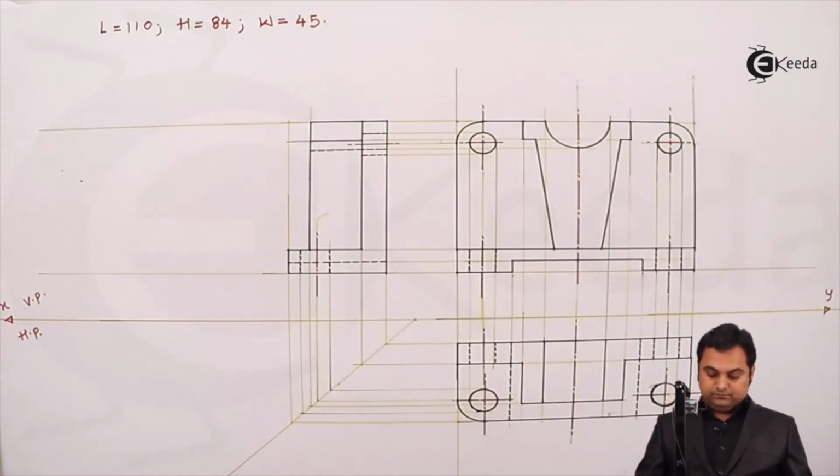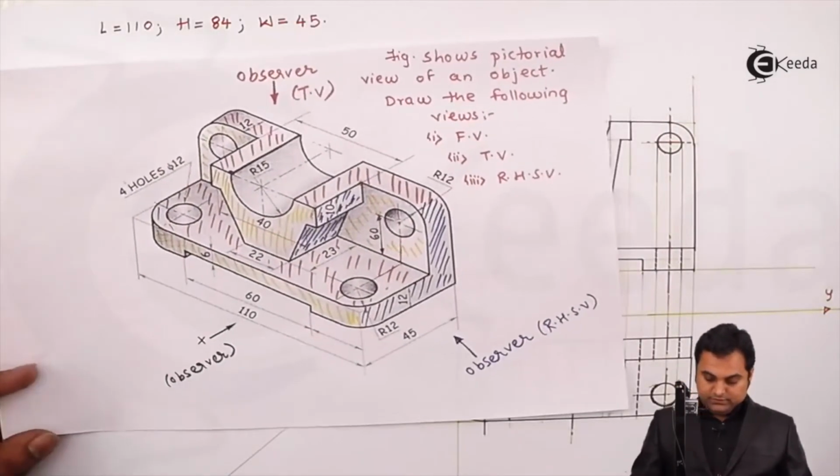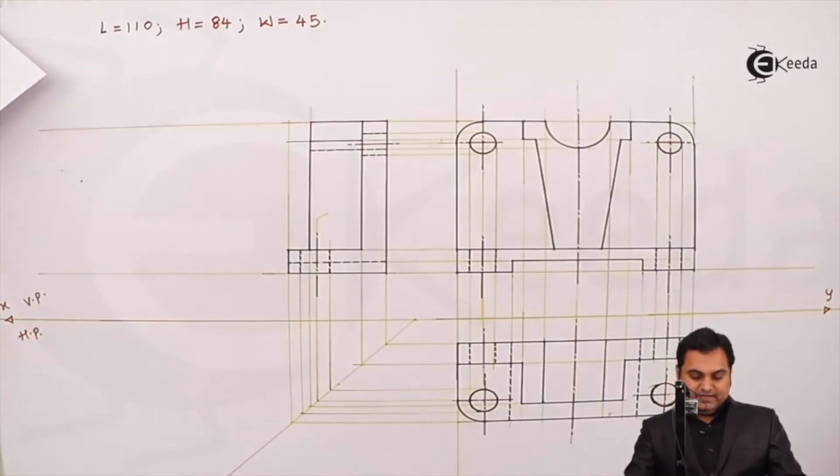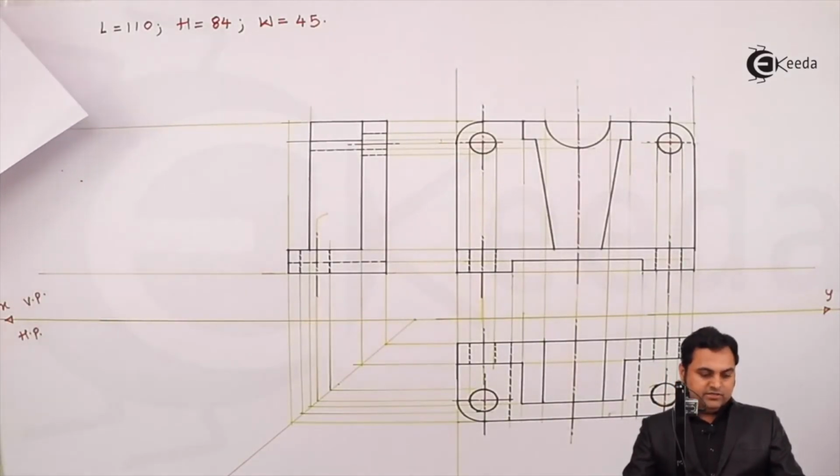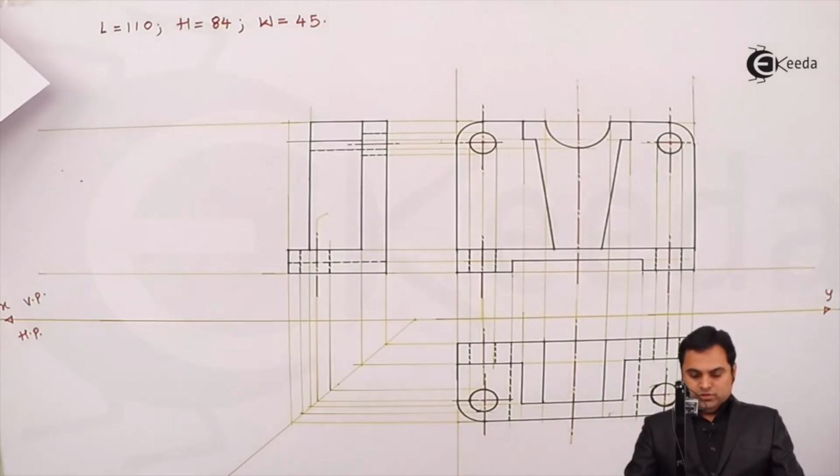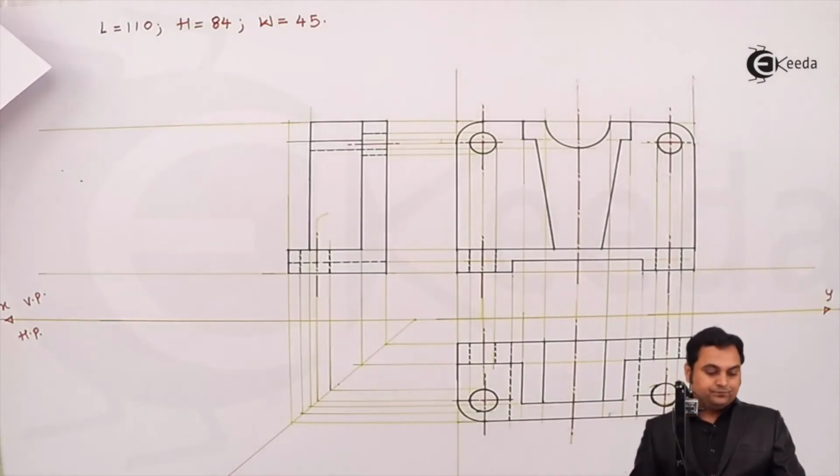Drawing it hidden. Then after that I can see that whatever is visible in the side view I have drawn, and along with that even the hidden lines for the parts which are not seen. Now after this only the dimensioning part is left.